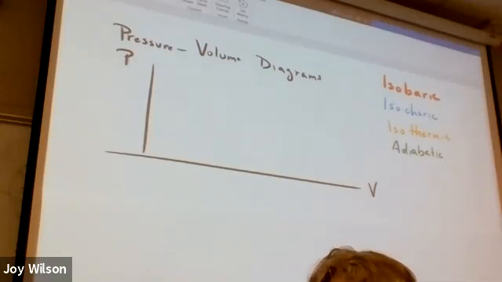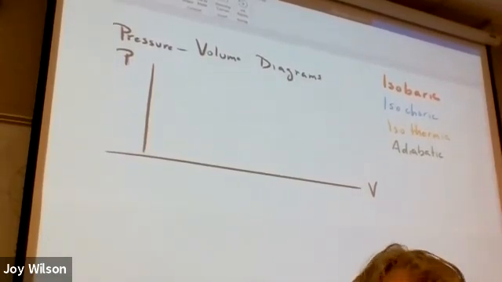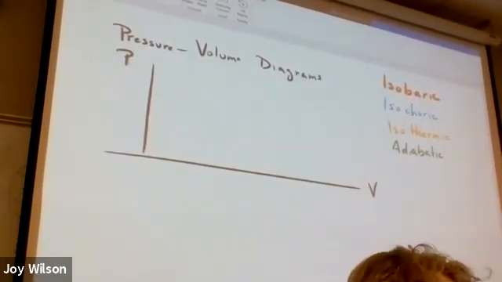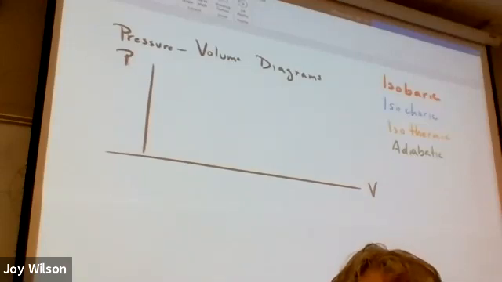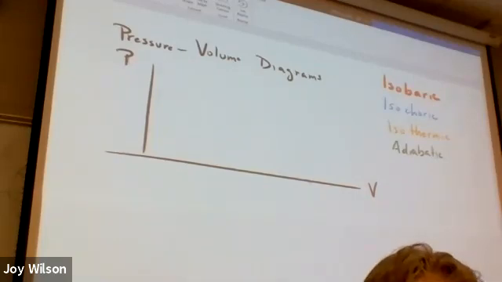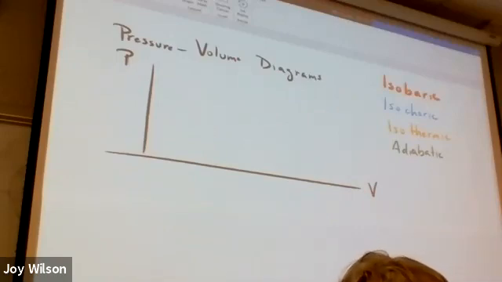So we've got to be able to recognize on a graph what the shape is so that we'll know which kind of process it is. So we're going to match shapes with names today, and then we're going to start doing some math with it. But mostly we're going to just do the shapes and interpreting the graphs. So we'll see how far we get.